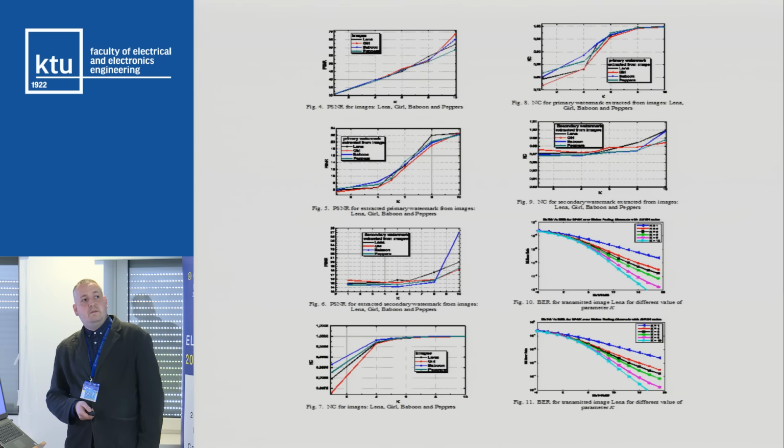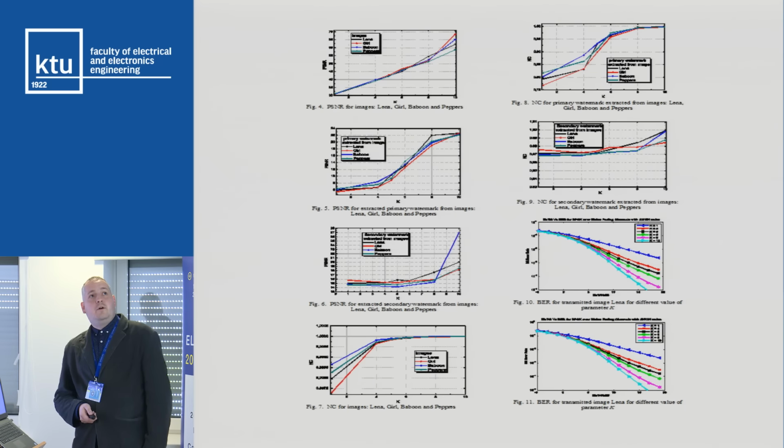And we have derived some conclusions about K parameter values that should be used in order to achieve some required level of peak SNR or normalized correlation or some required level of bit error rate at the reception.